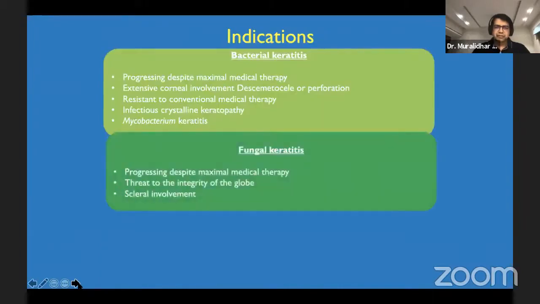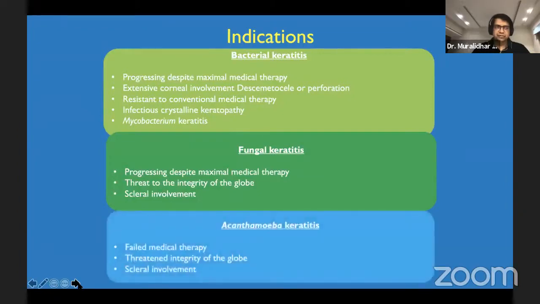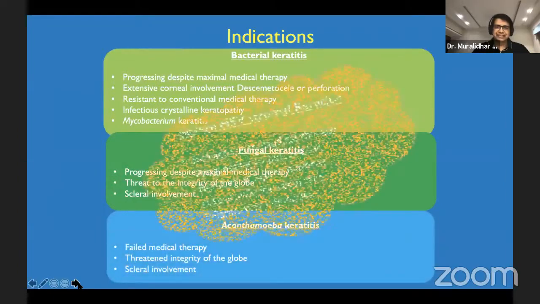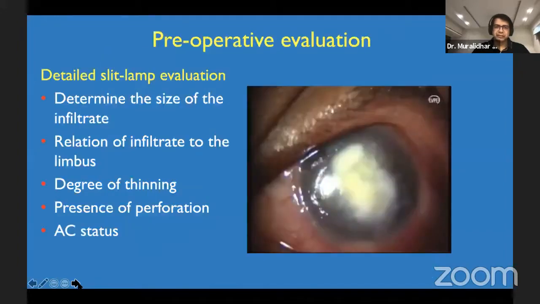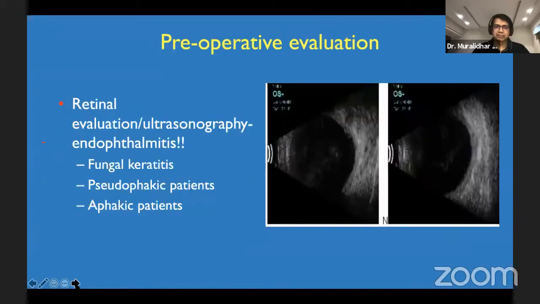Coming to some of the therapeutic options, these are the certain indications. Those that are recalcitrant and sometimes refractory to treatment, impending perforation, threatening or involving the limbus as well as the sclera, or even posterior segment involvement actually merit an intervention. It's very important to assess the size, location, depth, and what other structures are involved in the anterior segment, which helps tailor our surgical intervention much better.